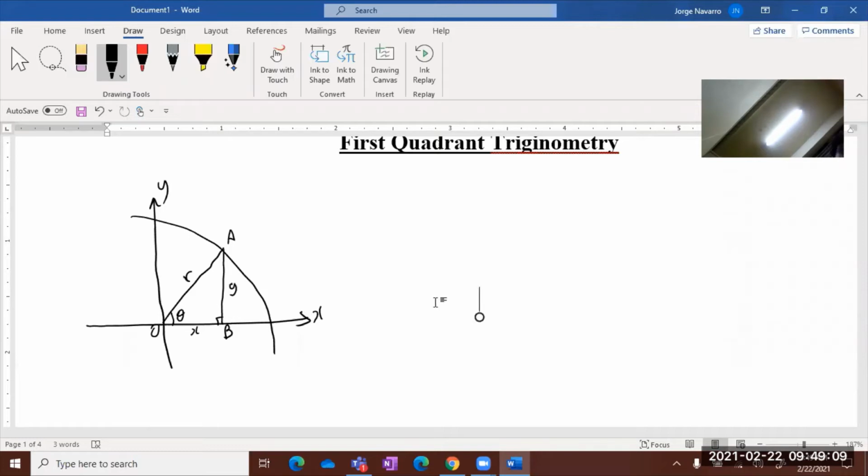So that means that this point here is what we normally call XY. This line here, the Y, is actually the opposite. This one is hence the adjacent, and of course the R is the hypotenuse.